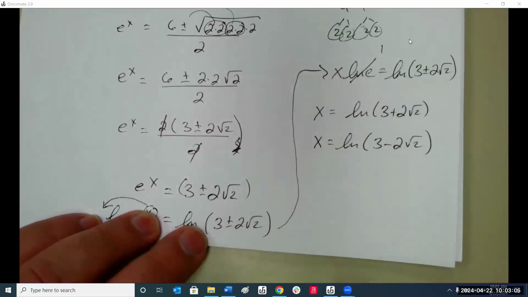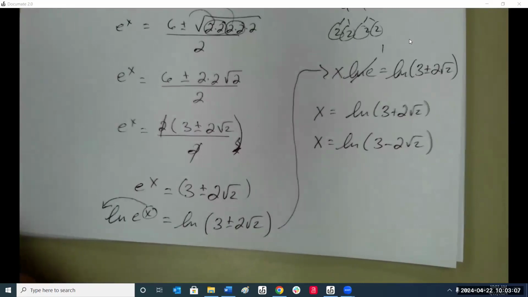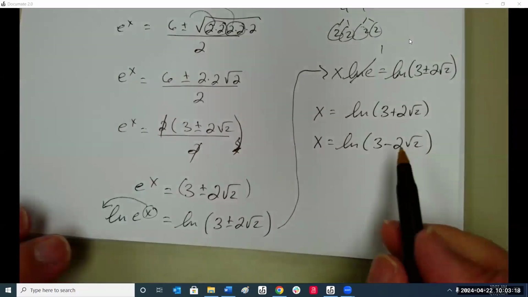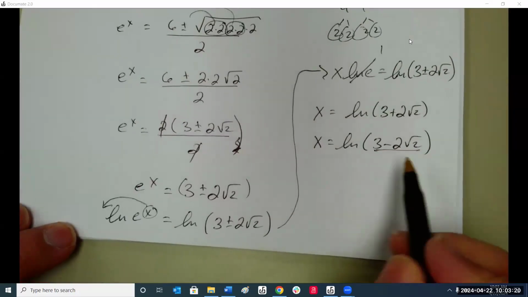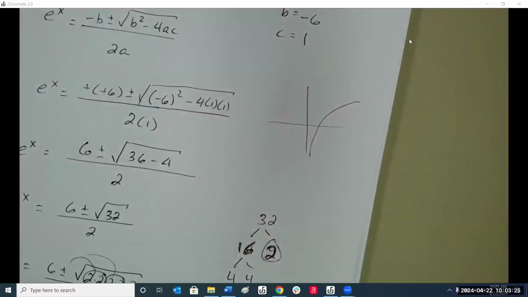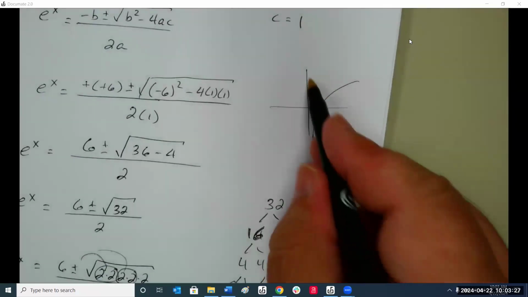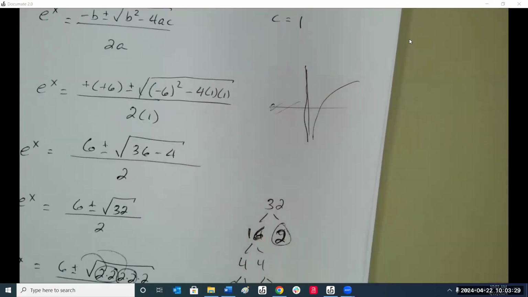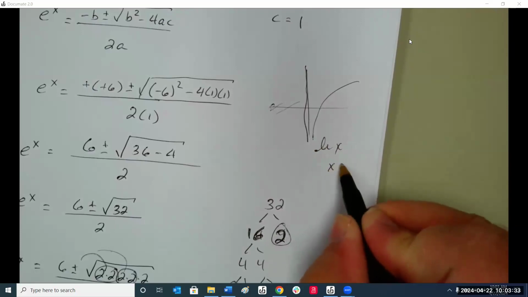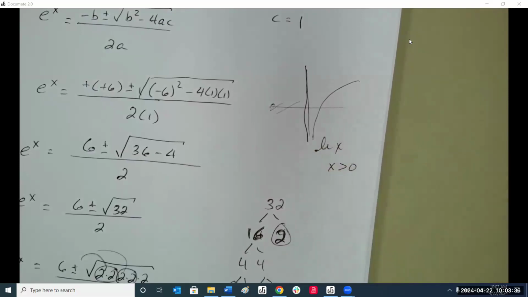2. How do we know if both of those are true answers? Whatever's inside here, remember the graph of an ln function looks like this. You cannot put 0 or negatives in there. So ln x only works if x is bigger than 0.